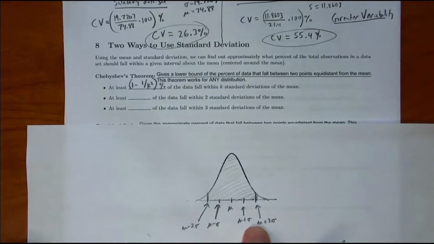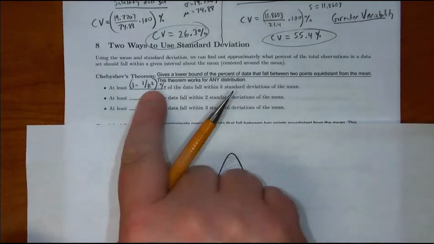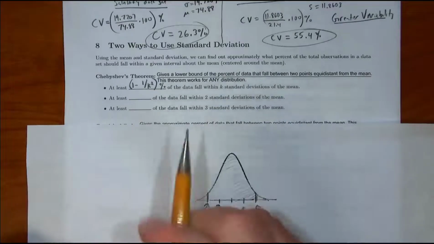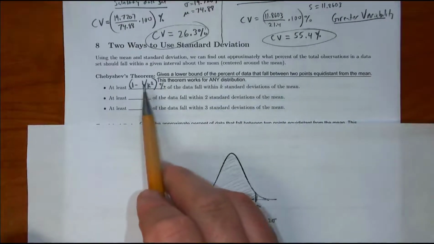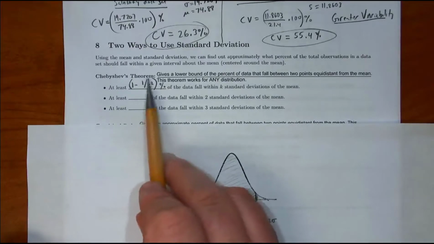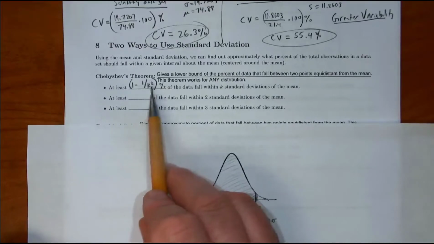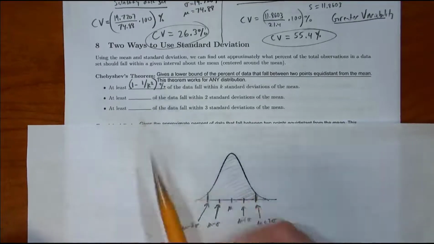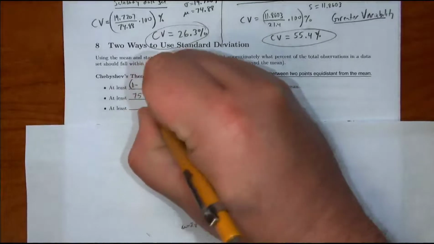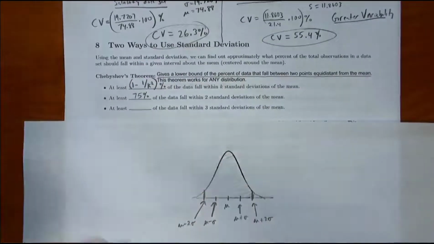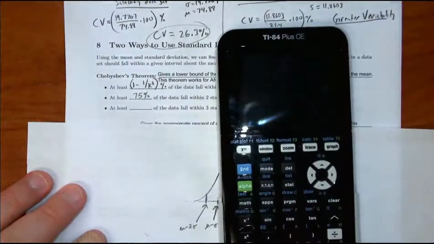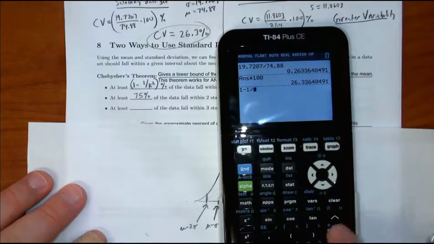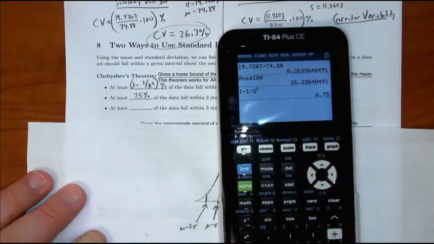If you want to know what percent of data should be shaded there at least, plug a 2 into that formula. 2 squared is 4, so that's 1/4. 1 minus 1/4 is 3/4. What percent is 3/4? 75%. Again, you don't have to do it in your head, but if you plug in 1 minus 1 divided by 2 squared and turn it into a percent, that's 75%.